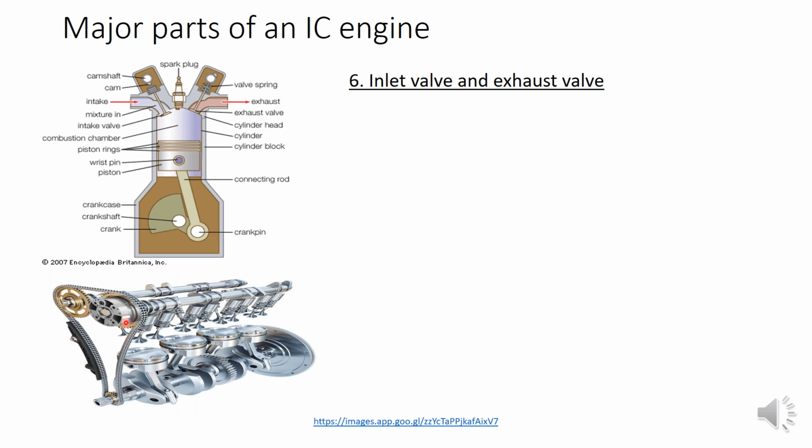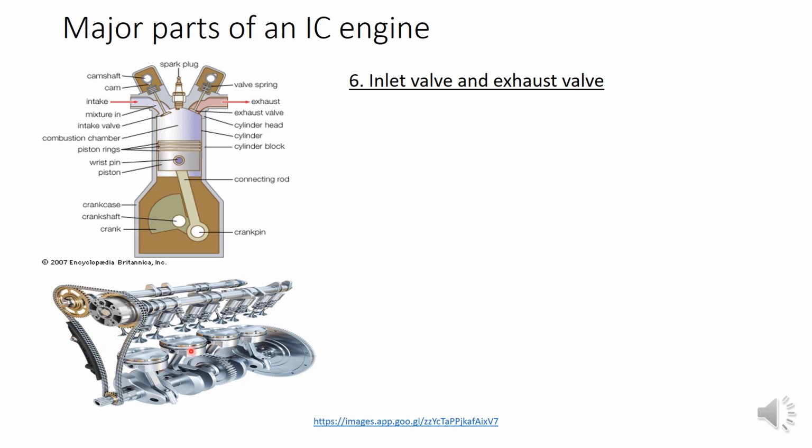And this is the actual representation, a real figure of the inlet valve and exhaust valve. Here you can see this is a 4-cylinder engine, so a minimum of 8 valves will be there. One inlet valve and one exhaust valve is required for one cylinder.